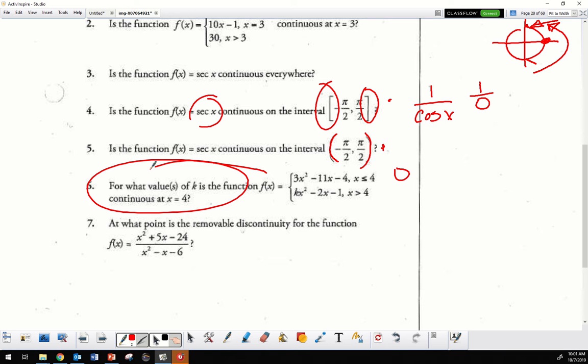So I'm going to set it up as 0 equals k times x squared, so that's going to be 16k, minus 8, minus 1.